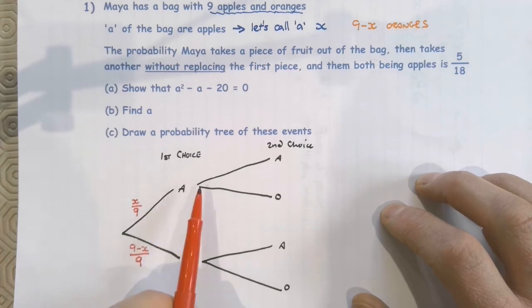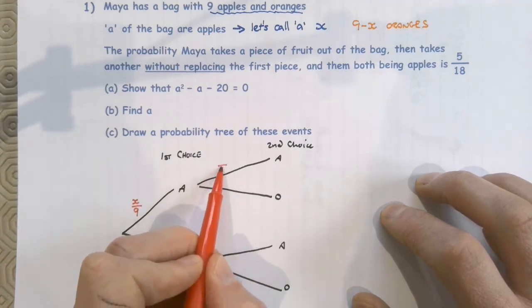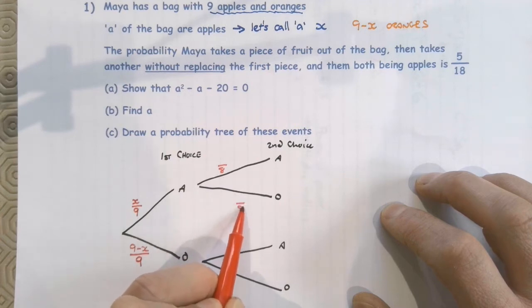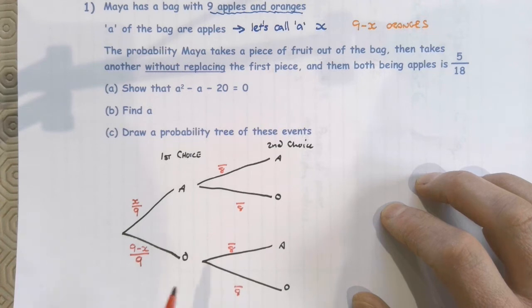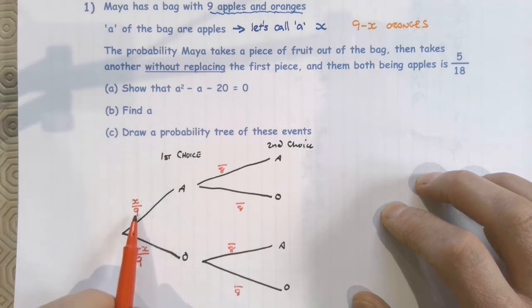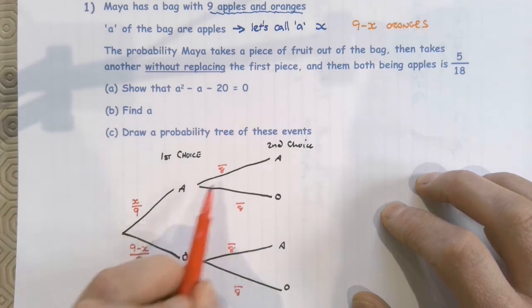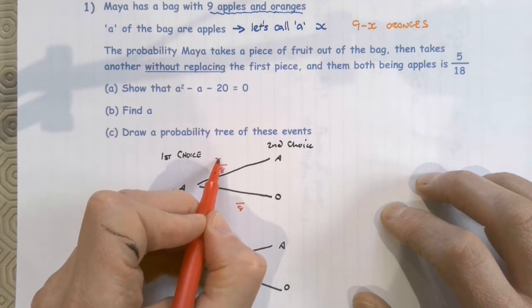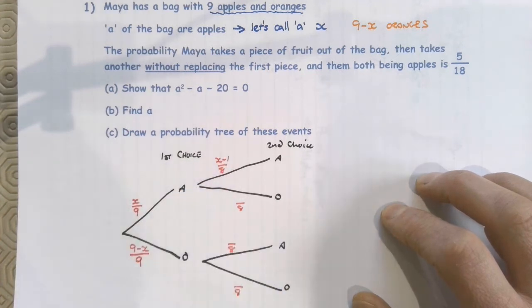Second bit, right, we're not putting the bit of fruit back, so there's only 8 bits of fruit left now. And so we've chosen an apple, and then we choose another apple, so we've lost one of our apples, right? But here we're choosing an orange.